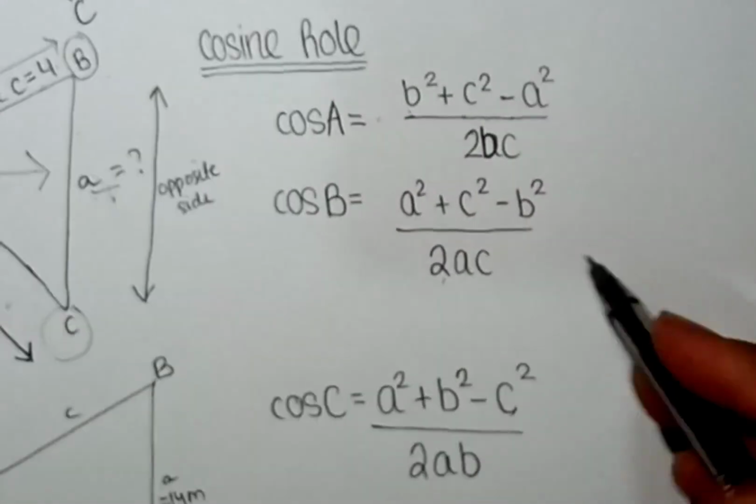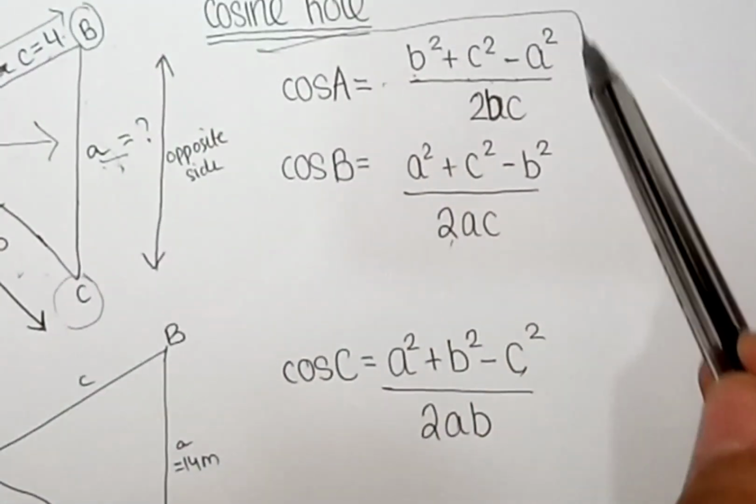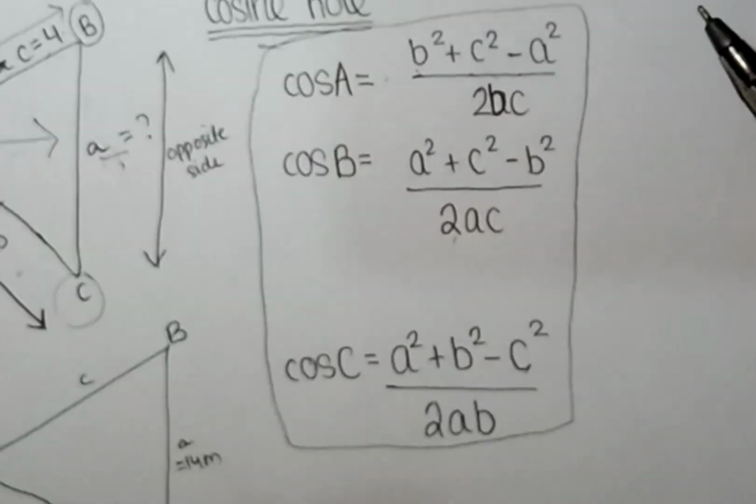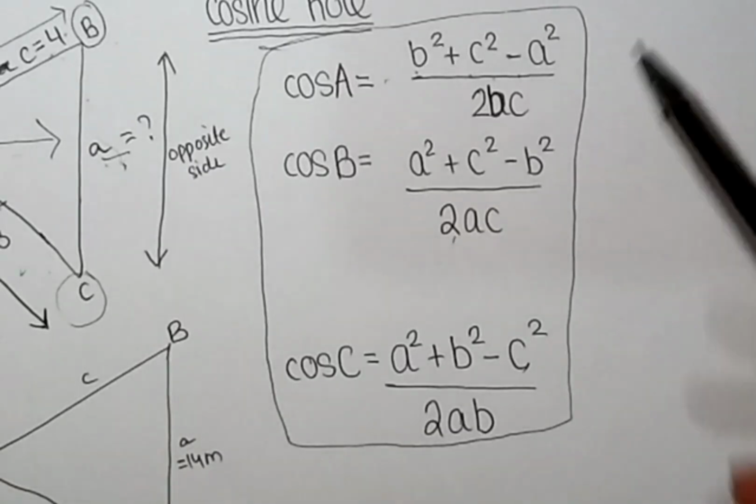So these are basically the 3 formulas of the cos rule you need to memorize, and they are very simple to apply.